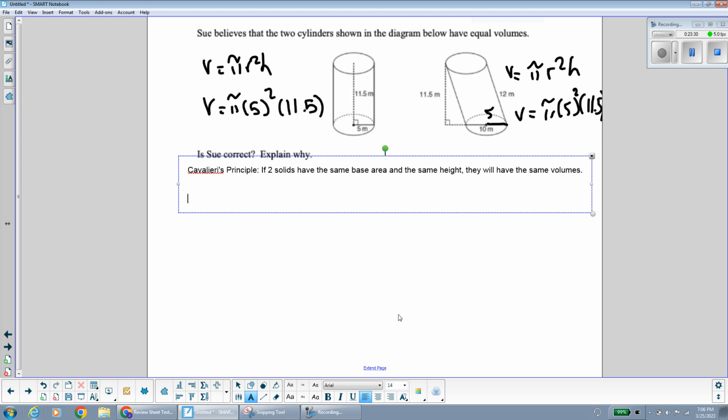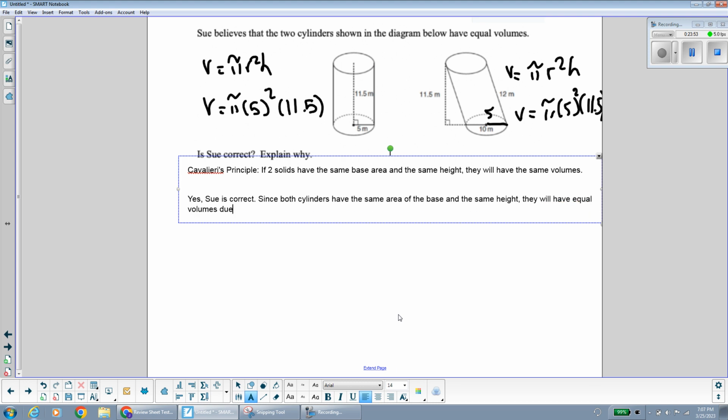So here we can say, yes, Sue is correct, since both cylinders have the same area of the base and the same height, they will have equal volumes due to Cavalieri's principle.